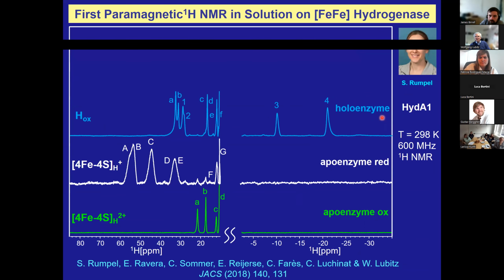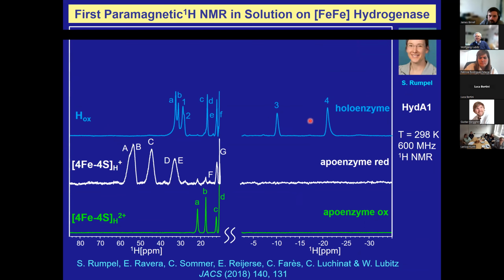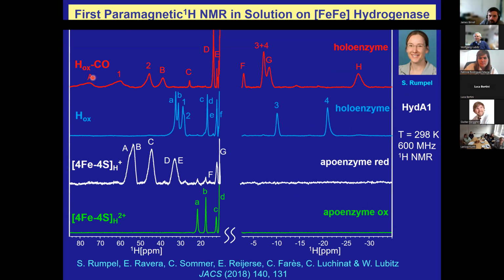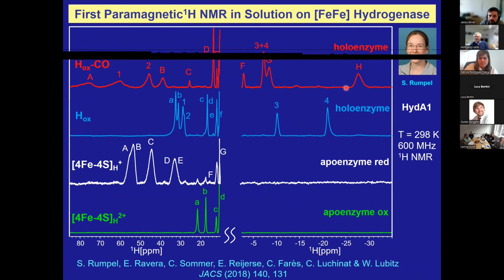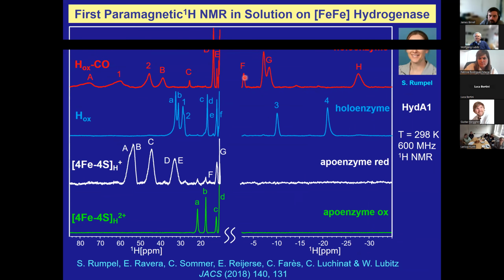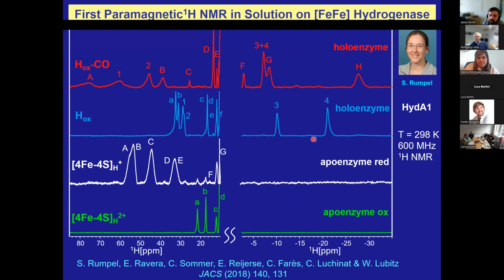And we also looked at the holo enzyme for HOX and for HOXCO. So this has an enormous potential because you can look easily with normal NMR at various samples and try to get all the hyperfine, all the lines and the chemical shifts.